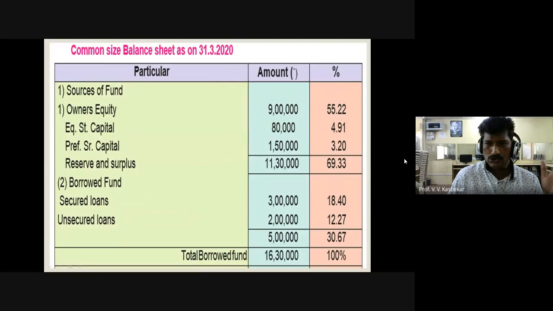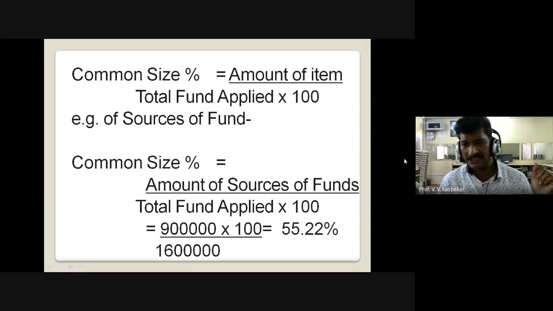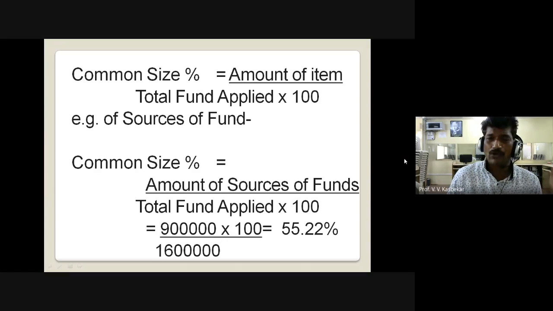Okay, and so we have arranged it in that formula, 9 lakh divided by 16 lakh 30,000 into 100, and the percentage comes here, it is 55.22%. That means sources of funds are 55.22% of total funds applied.